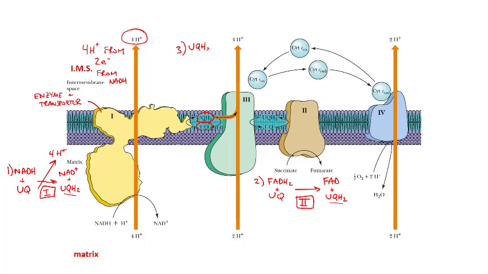So the UQH2 is going to hand off its electrons to cytochrome C. And in the process, we get UQ again, plus 2 cytochrome C reduced. And in the process, we get 4 protons pumped into the intermembrane space.